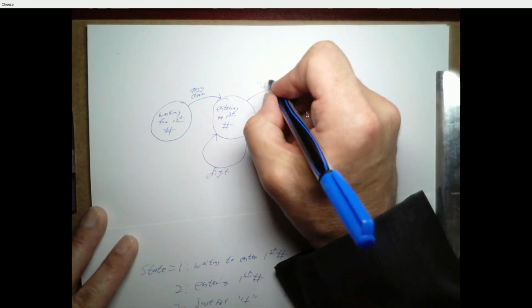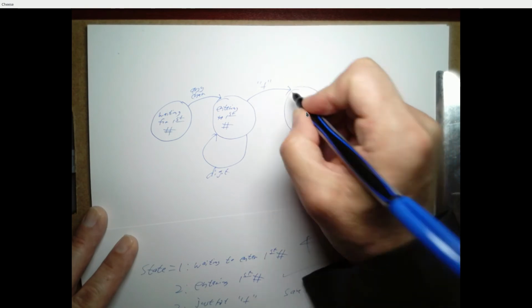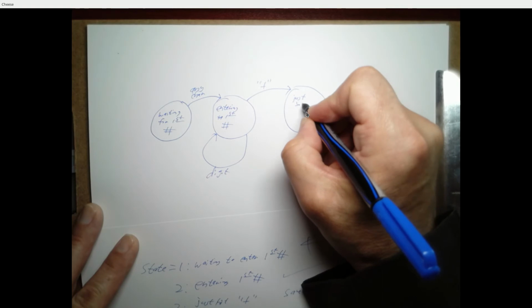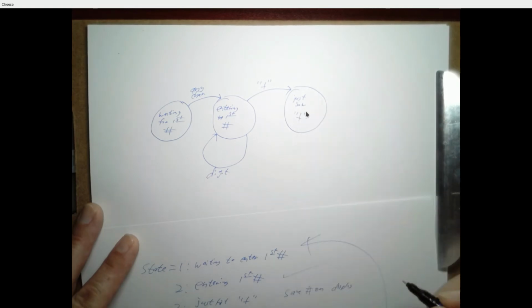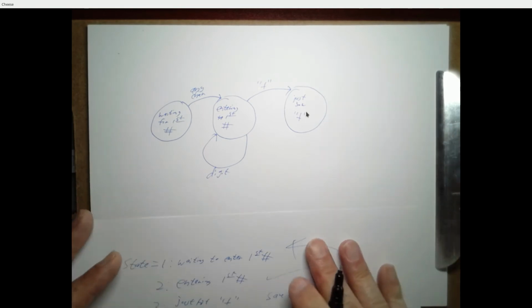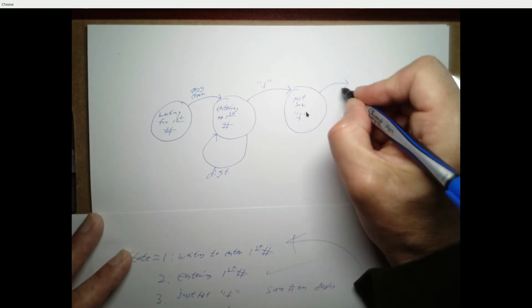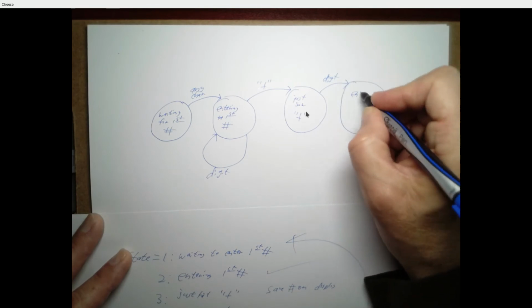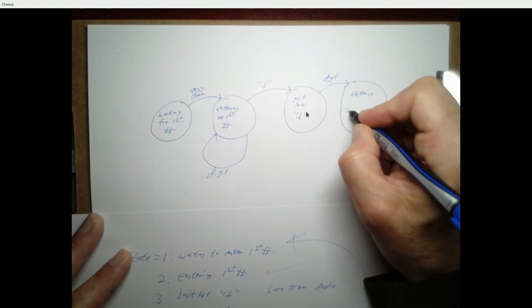If you have a plus sign, you go to this next state, where you just saw a plus. And if you have a digit, then you're entering second number.